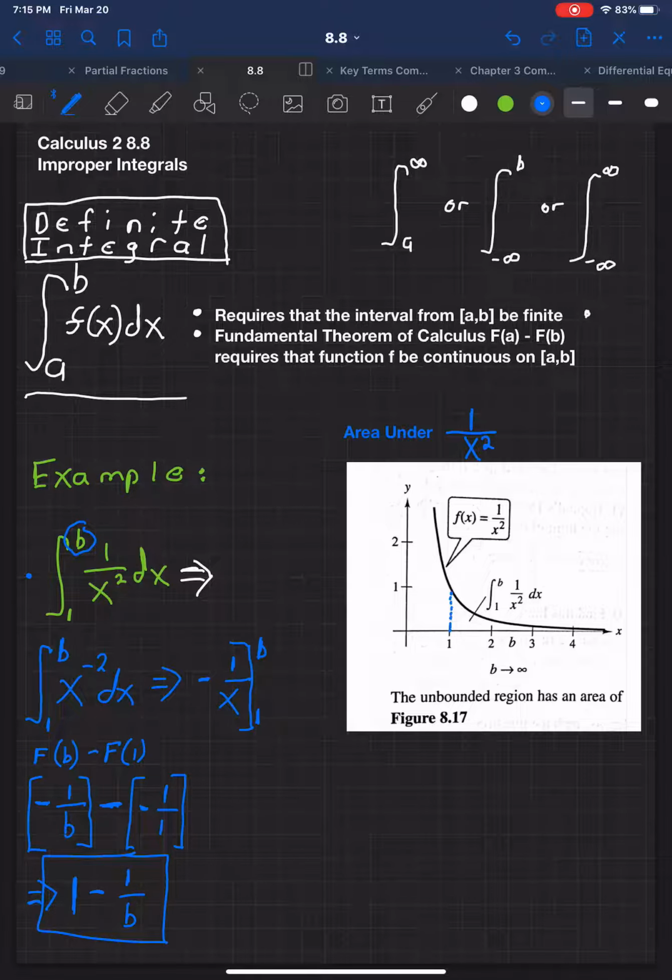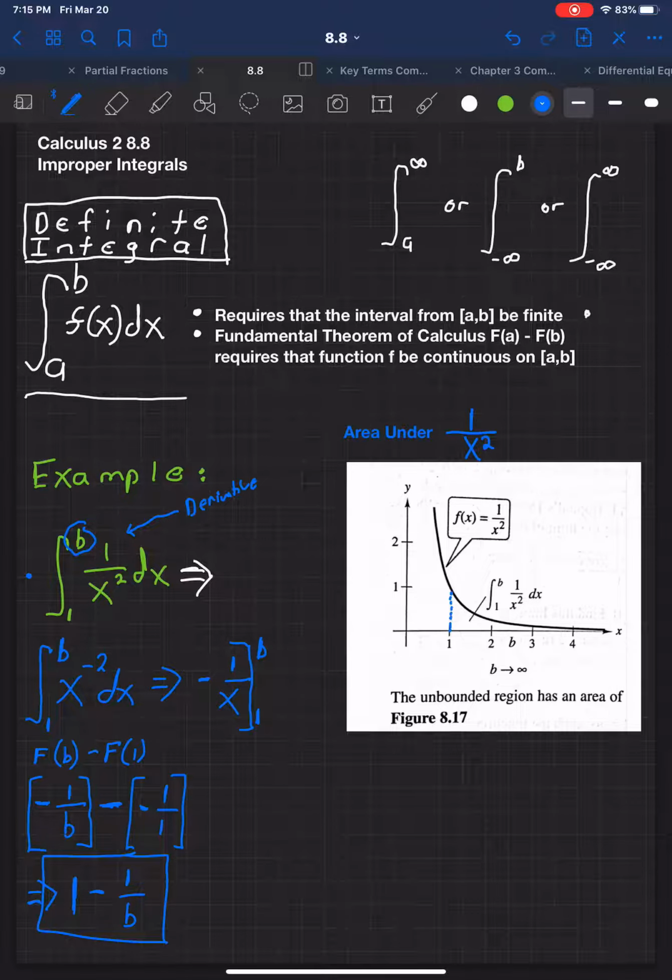Okay. So now let's look at the graph off to the right here. So this is the graph of 1 over x squared. And just recall that this is the derivative. And when we use definite integration, we are finding the area under a derivative. At least that is the goal.